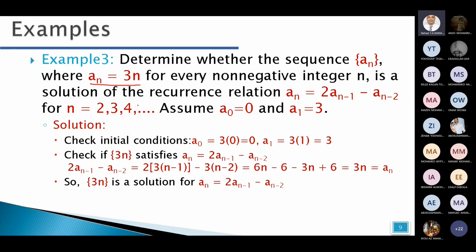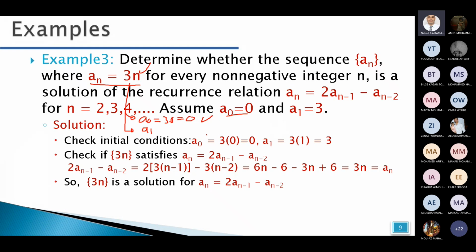This means we have to find a_0 and we have to find a_1, because we have two initial conditions. So a_0 is equal to 3 multiplied by n, so 3 multiplied by 0, which is equal to 0. a_0 equals 0, depending on this solution. Look here, a_0 equals 0.